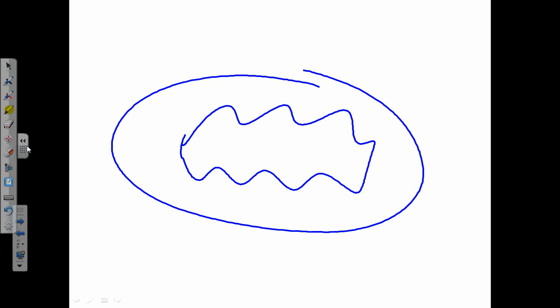All right, so this is supposed to be our mitochondria. What are those red things supposed to be? They're embedded in the membrane. What's embedded in membranes? Proteins. And what are the proteins that are really important in electron transport?